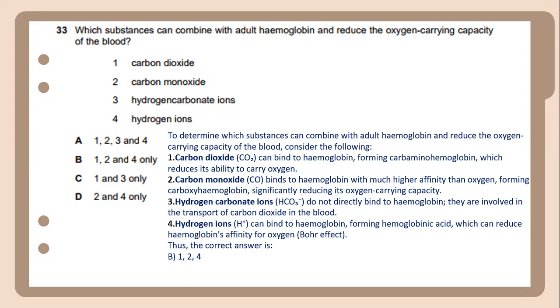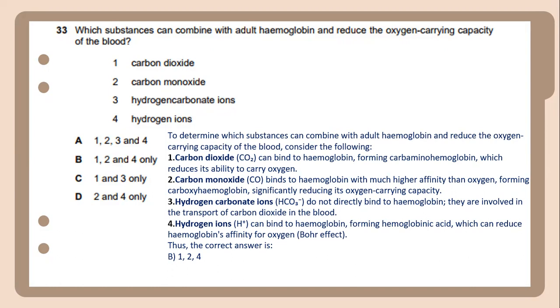First, carbon dioxide can bind to hemoglobin, forming carbaminohemoglobin, which reduces its ability to carry oxygen. Number 2, carbon monoxide binds to hemoglobin with much higher affinity than oxygen, forming carboxyhemoglobin, significantly reducing its oxygen carrying capacity.